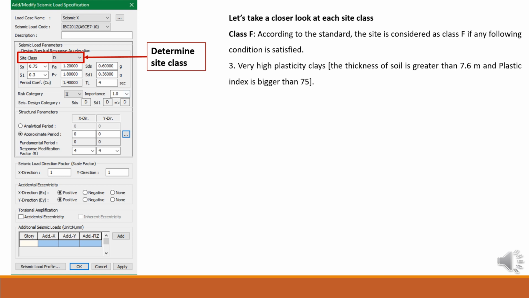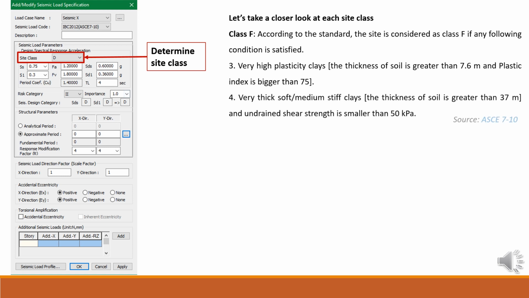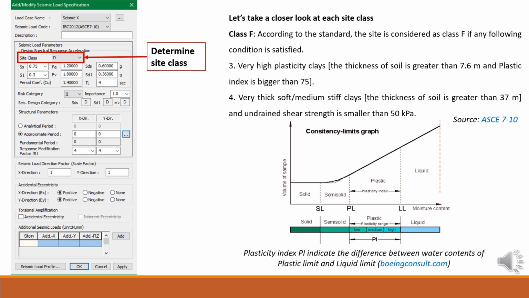The thickness of soil is greater than 7.6 meters and plasticity index is bigger than 75. 4. Very thick soft, medium stiff clays. The thickness of soil is greater than 37 meters and undrained shear strength is smaller than 50 kPa.